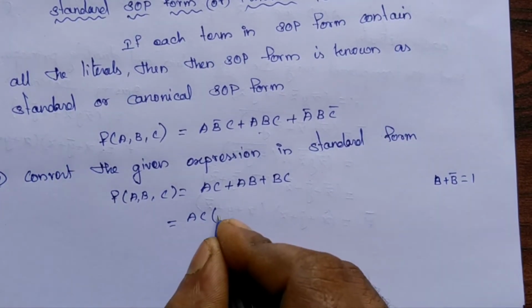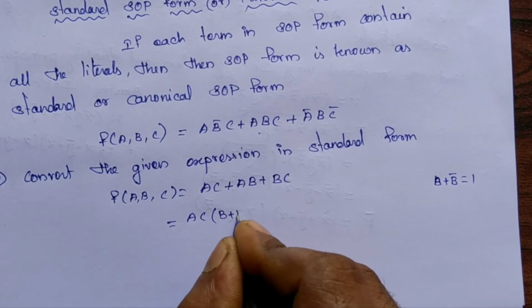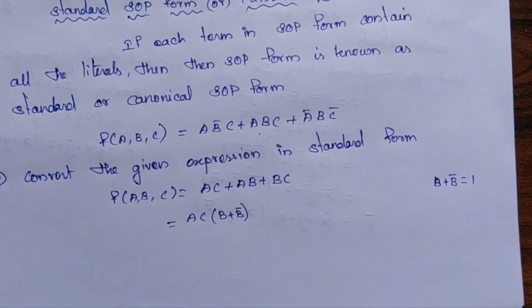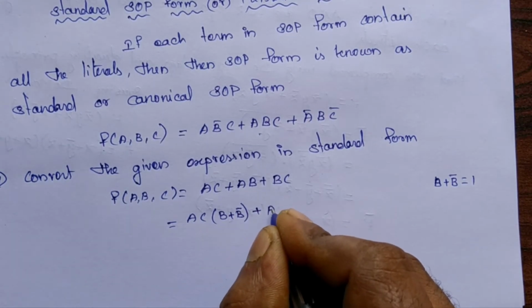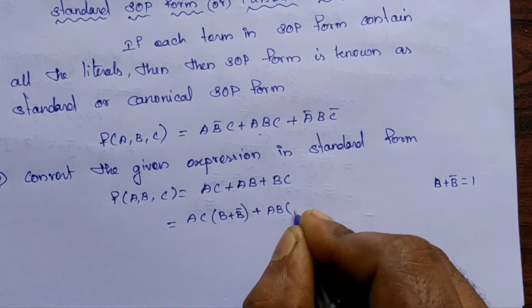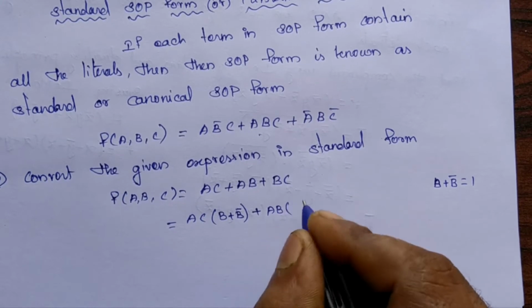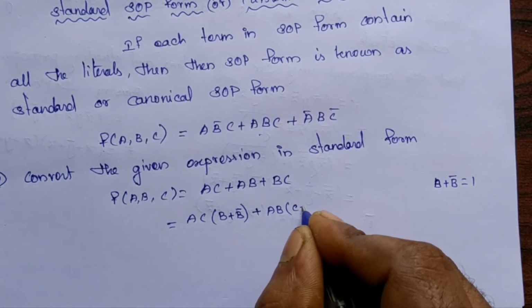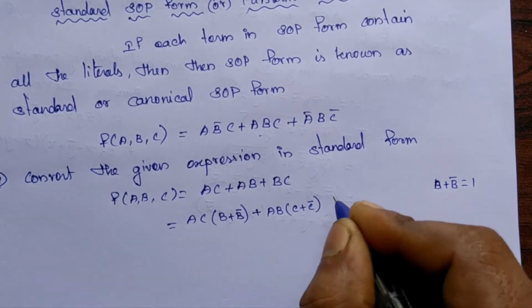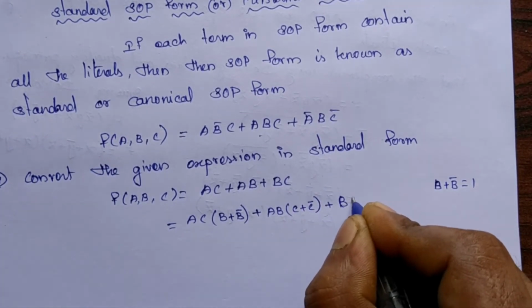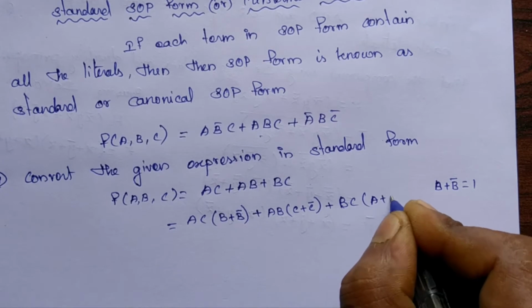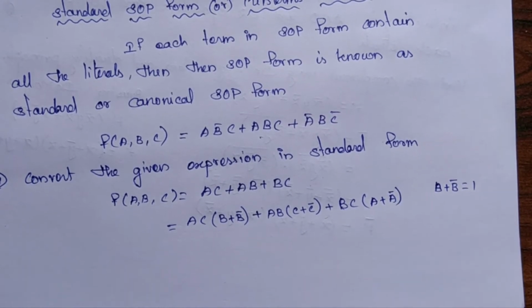Okay, so that 1 is replaced by b plus b bar, the missing term. Likewise here c is missing, therefore ab into we are multiplying it with 1. That 1 is replaced with the missing term c plus c bar. Likewise here a is missing, therefore bc into a plus a bar.